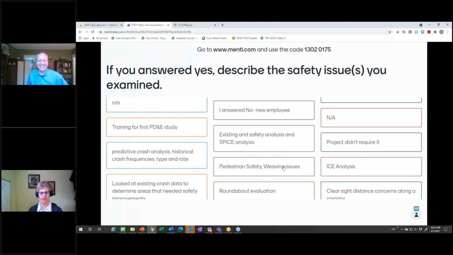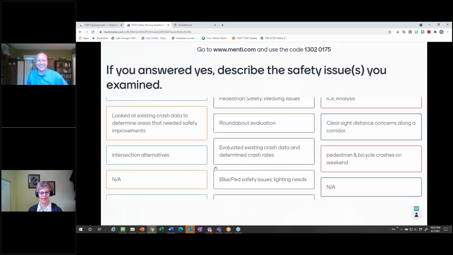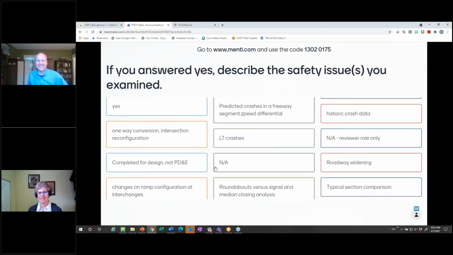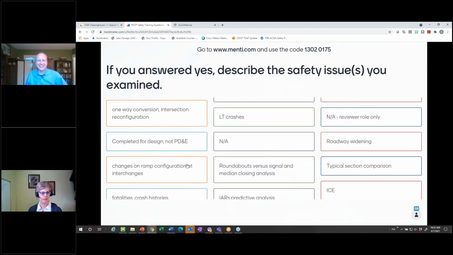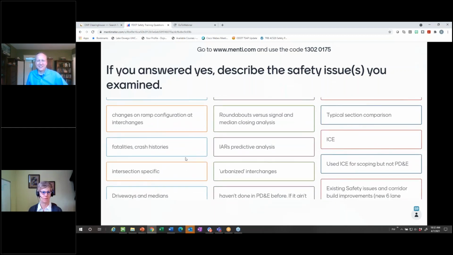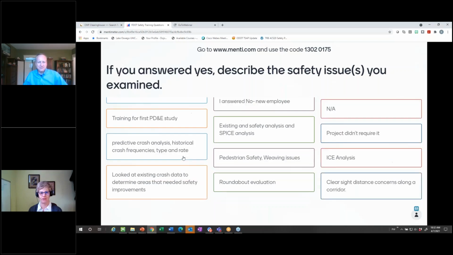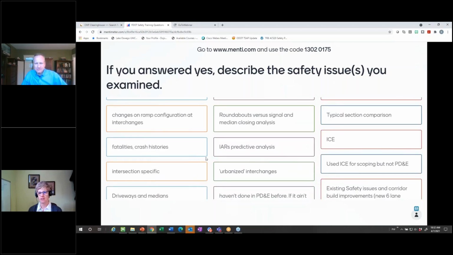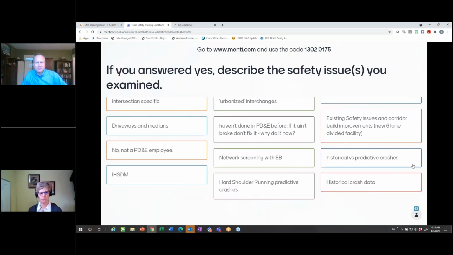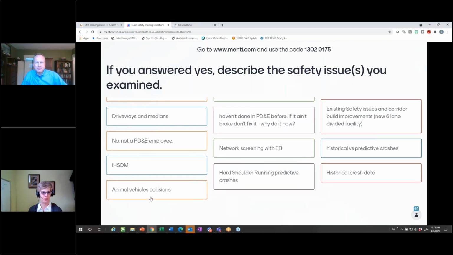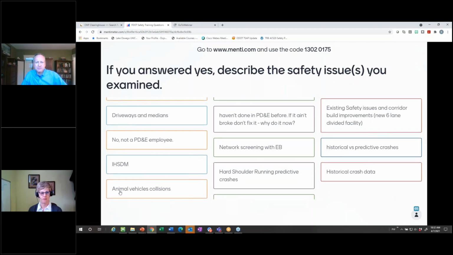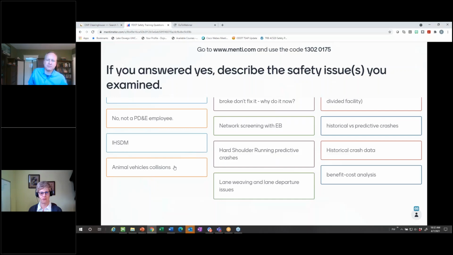This person has sort of both ends of the spectrum there to think about. Reviewer role only. Changes in ramp configuration at intersections, urbanized, interchanged. Used ICE for scoping, but not PD&E. Hard shoulder running, that's a hard one. Animal vehicle collisions, that's interesting.